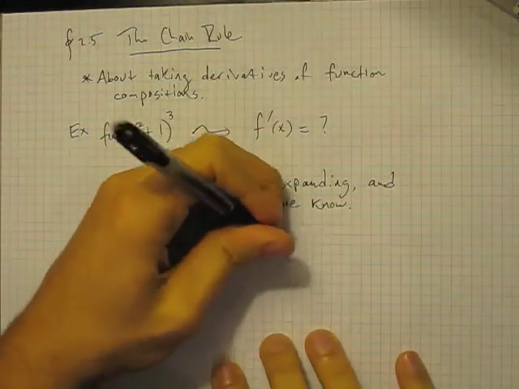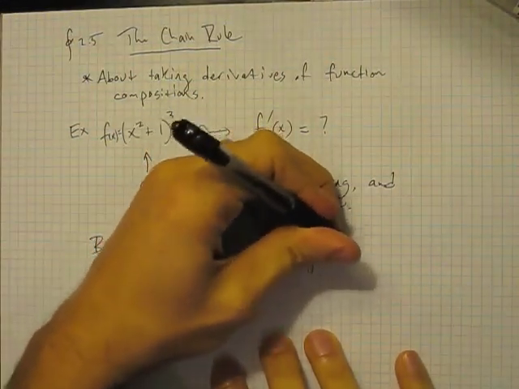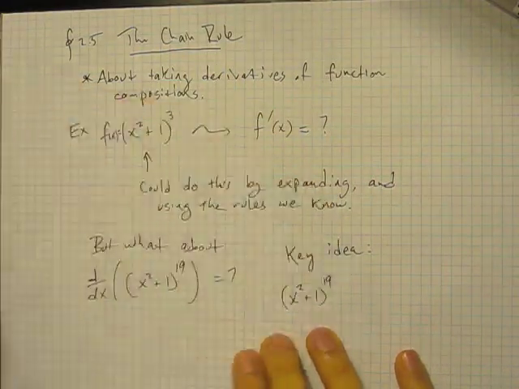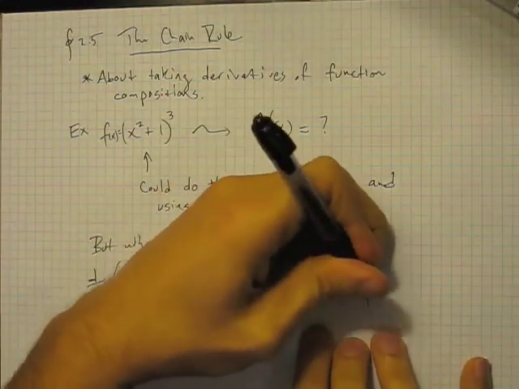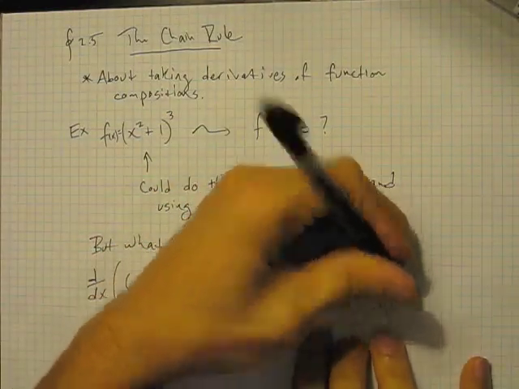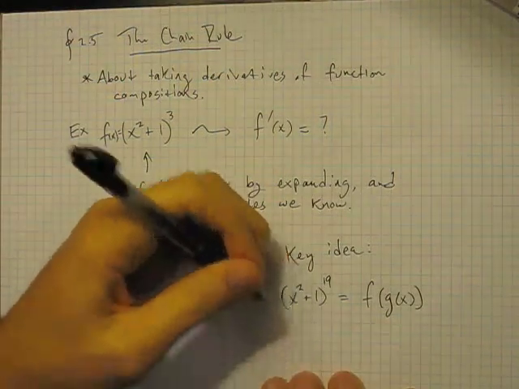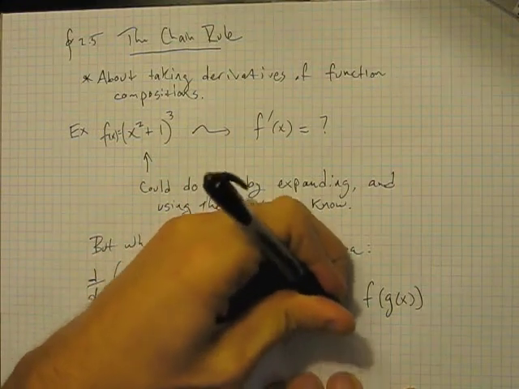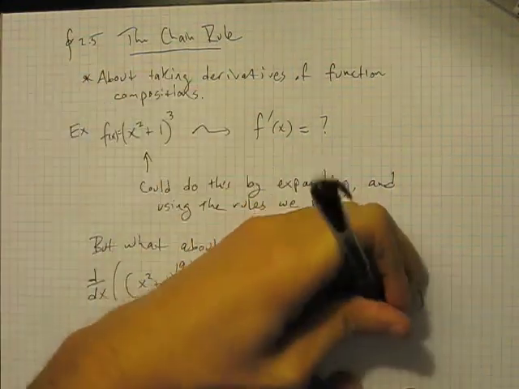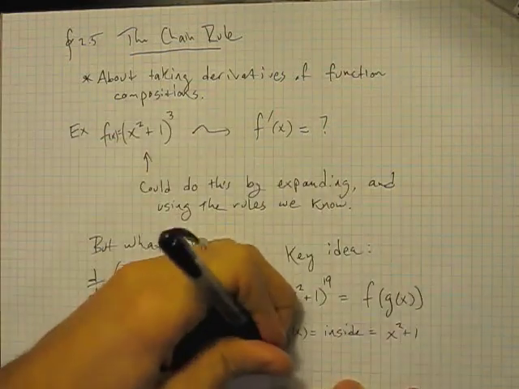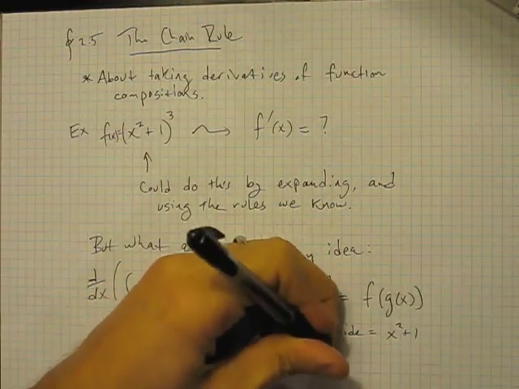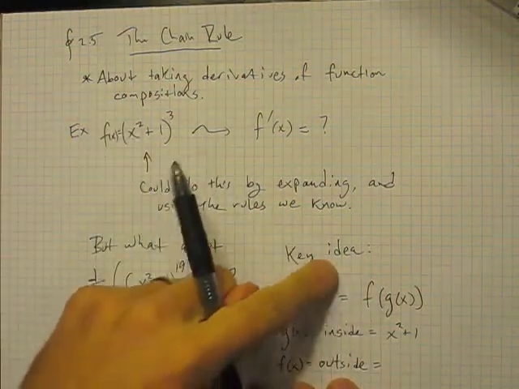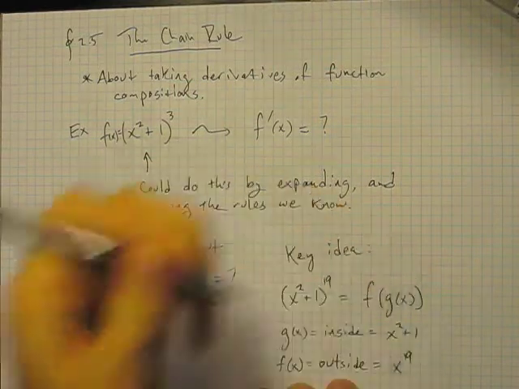The key idea is to recognize that x squared plus 1 to the 19th power is a composition of two functions: one function inside of another. So what are the two functions? The inside function, g, is x squared plus 1. And the outside function, f, takes x and raises it to the 19th power, so x to the 19th.